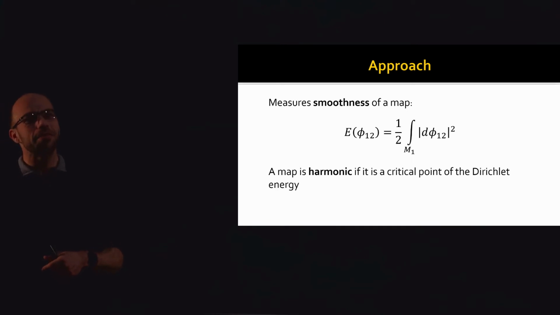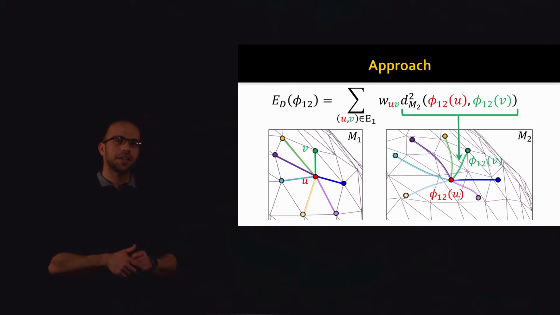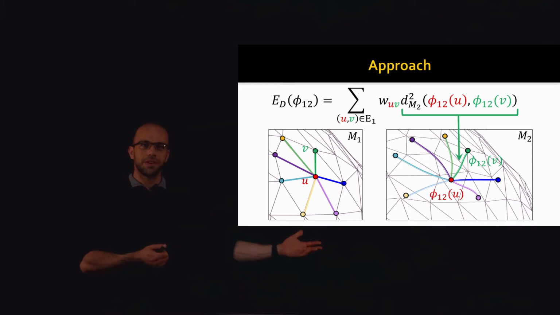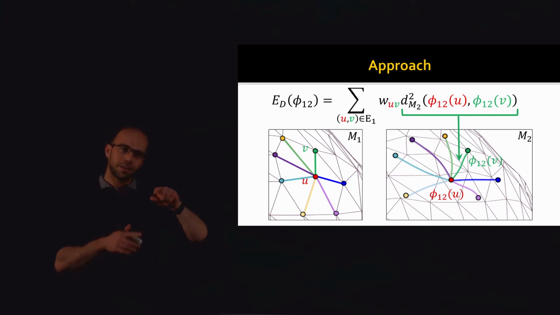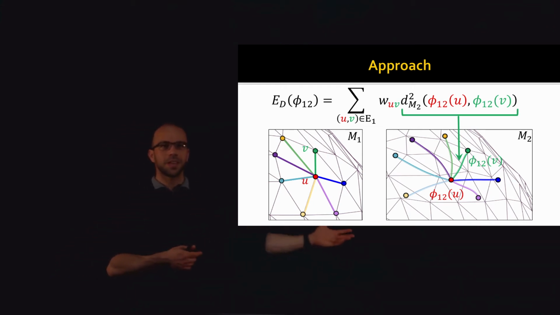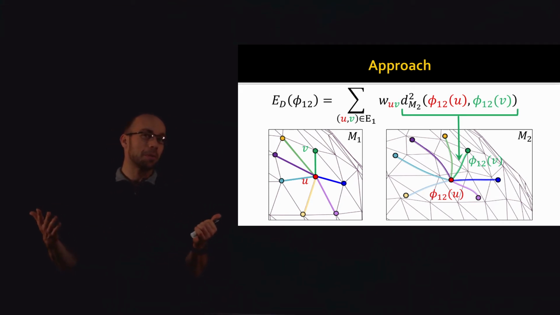But ignoring that for now, our high-level approach here is pretty straightforward. So that Dirichlet energy, at the end of the day, is not so hard to discretize. Sort of the intuition here is that one thing I can do is, if I have, for example, a vertex U on the source mesh and I want to discretize the Dirichlet energy in the neighborhood of U, I can look at all the outgoing edges from U, kind of map them maybe to geodesic curves on the target surface, which are expensive to compute, but computable.